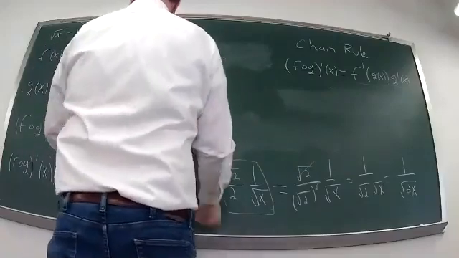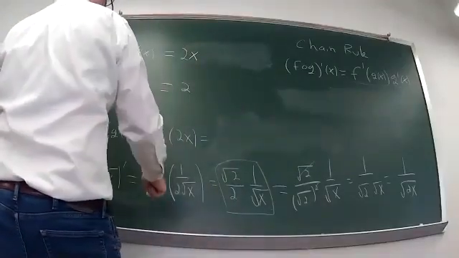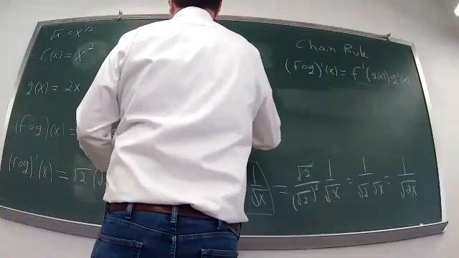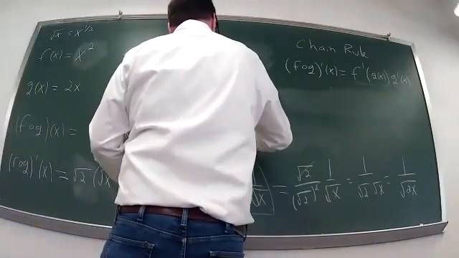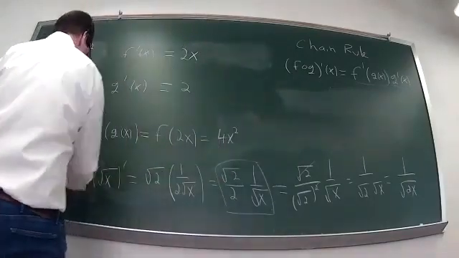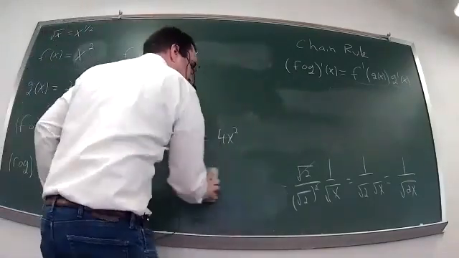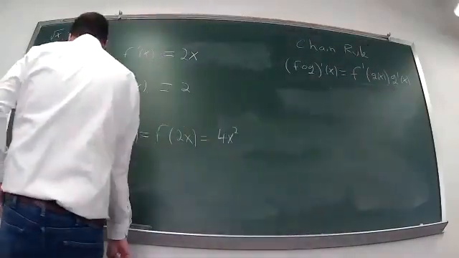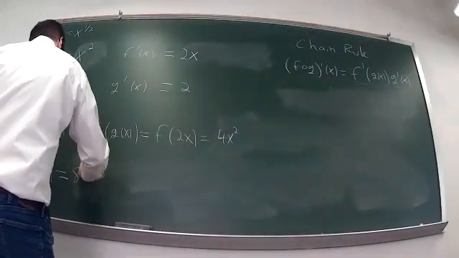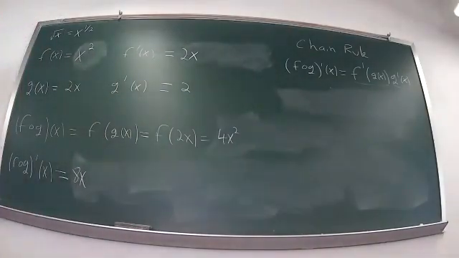And then the composition was f of 2x, which was 2x squared, which was 4x squared. And then we saw the derivative was 8x.